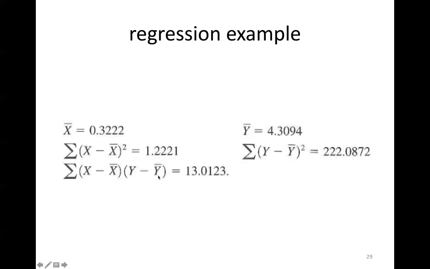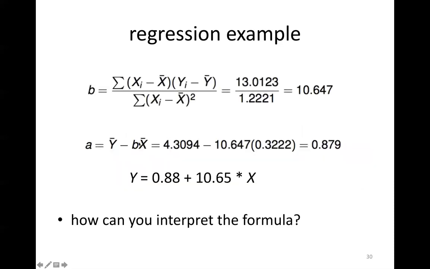Okay, and what's the slope? It's the sum of products divided by the sum of squares for x, right? Divide one by the other, and you get a slope of 10. Good, and then what's the next step to calculate the intercept?